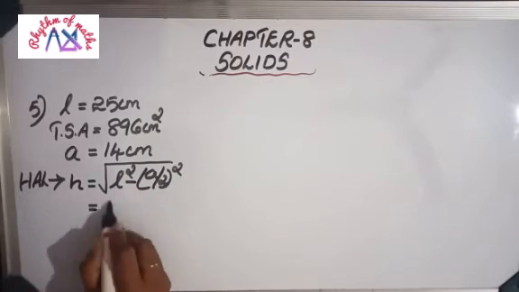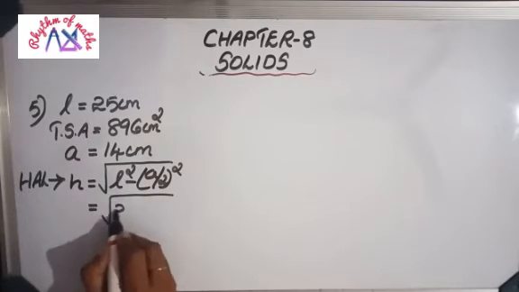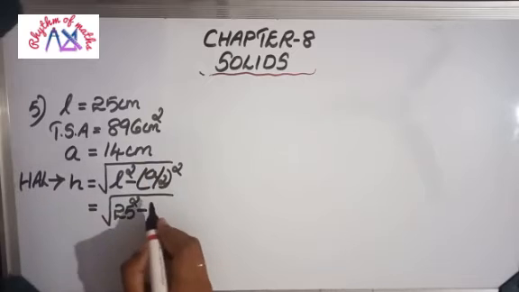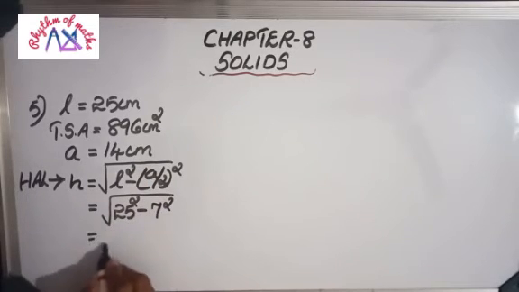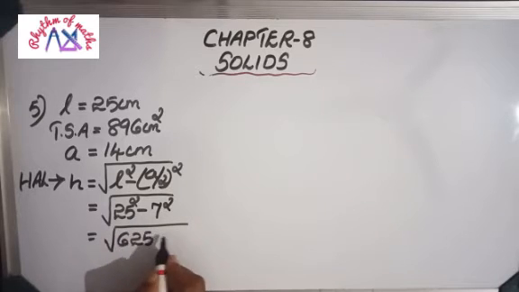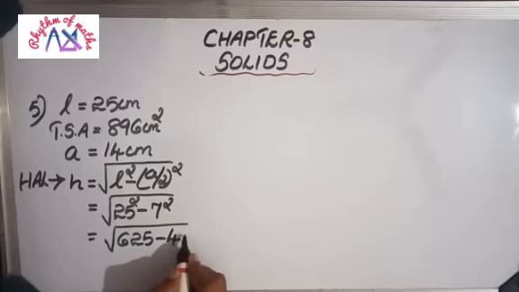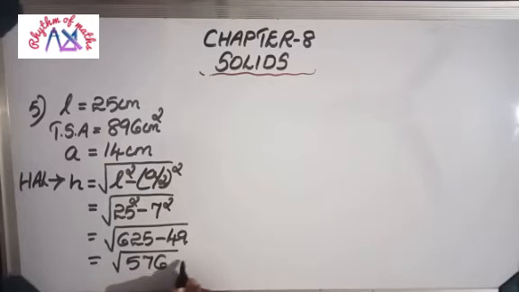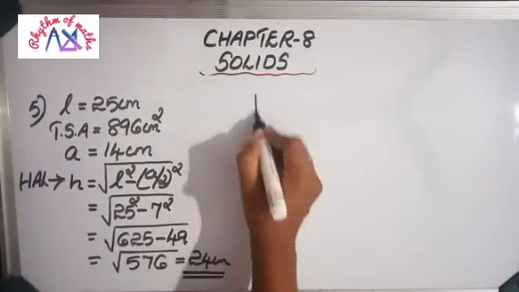That is root of 25 square minus 14 by 2, which is 7, squared. 25 square is 625 minus 7 square is 49, that is root of 576. Root 576 is 24 centimeter. So 24 centimeter is the height of this pyramid.